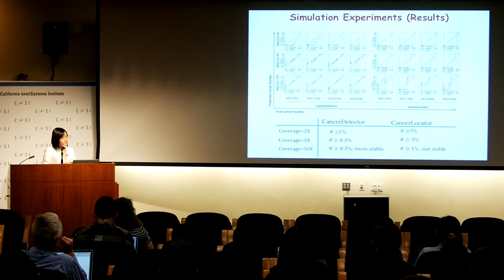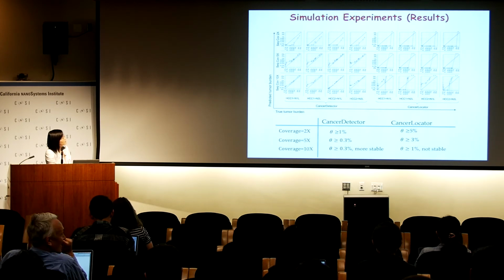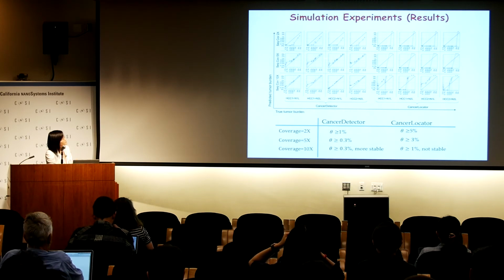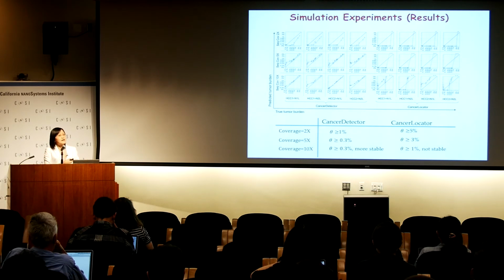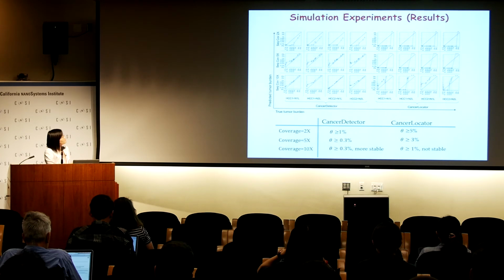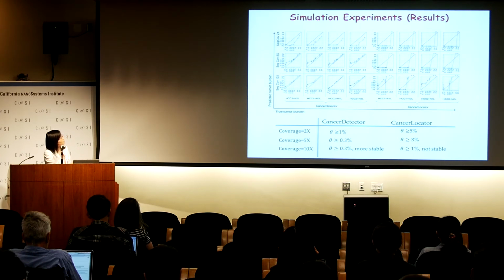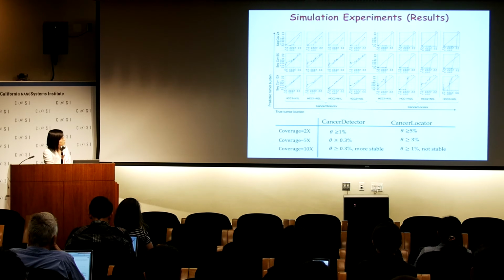And we can see the simulation result using the CancerDetector. This is the true tumor burden, and this is the predicted tumor burden. You can see that with sequencing of only 2x coverage of the whole genome, which is very cheap, only $250, you have this kind of relation between the predicted and true tumor burden.